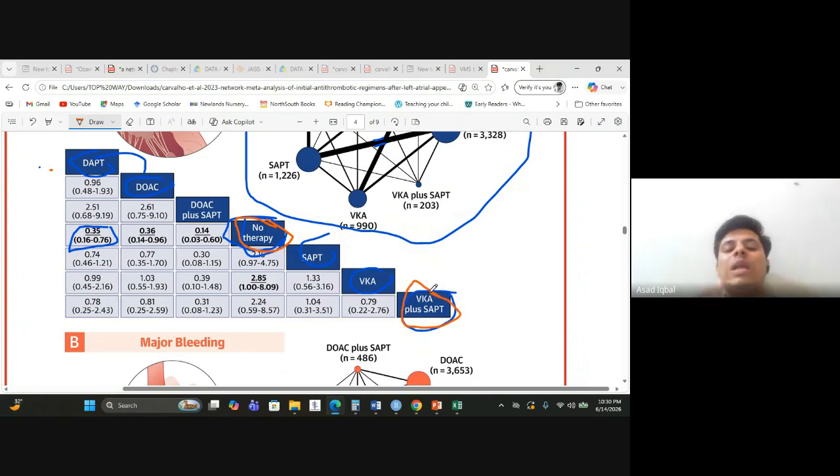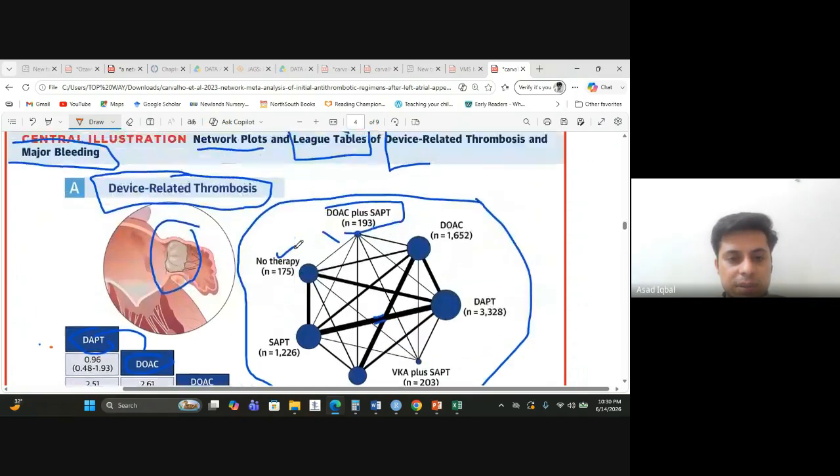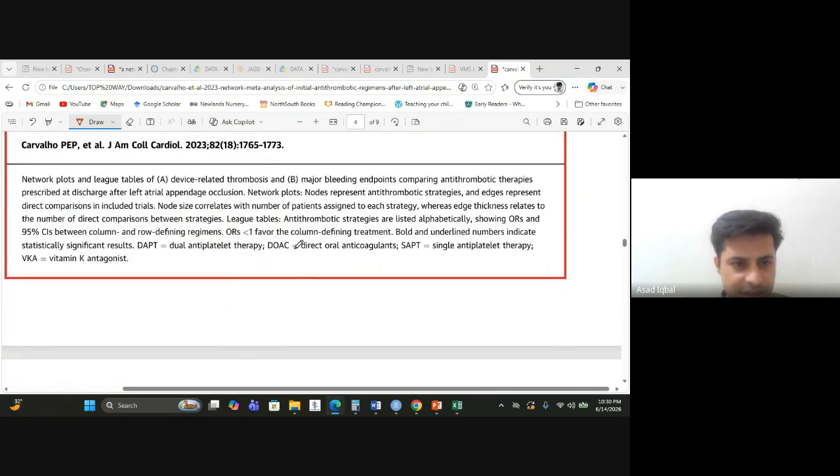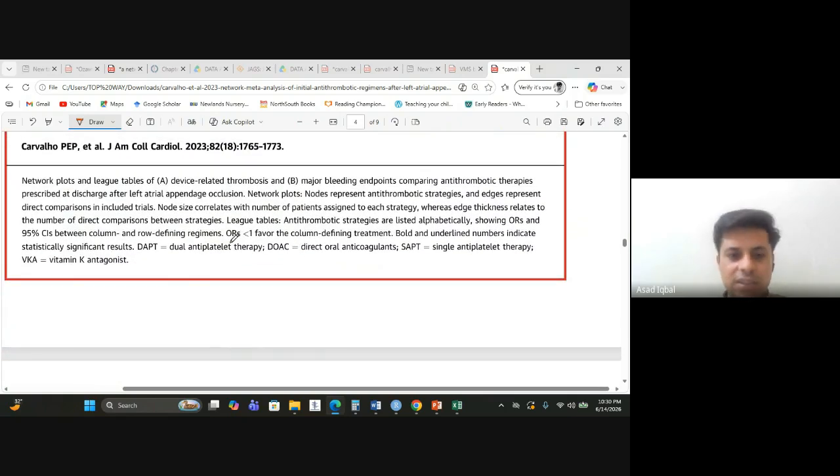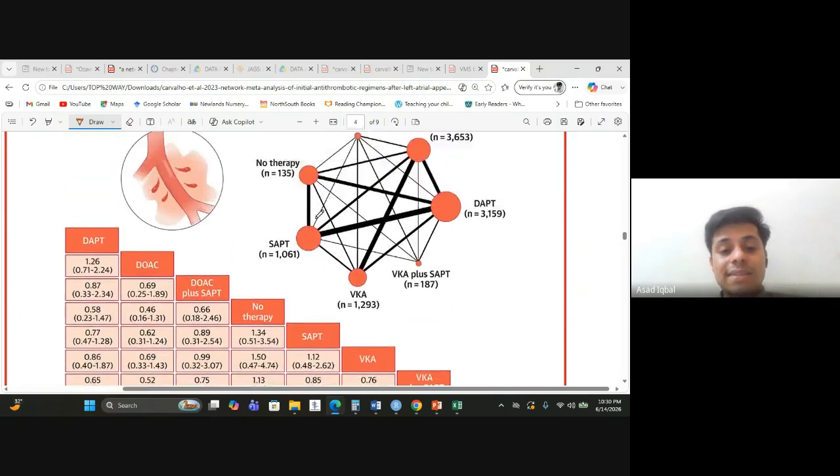So what will be their relationship? I mean, what will be its pooled estimate? Let me see. Where is it? Yeah, that's OR, I mean odds ratio. That is not risk ratio. That's odds ratio.